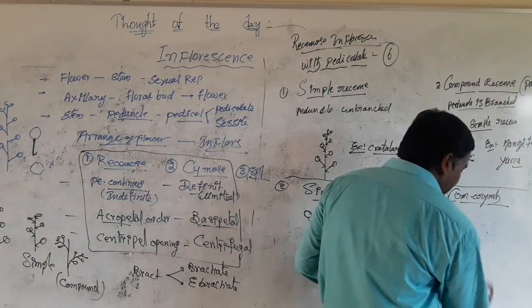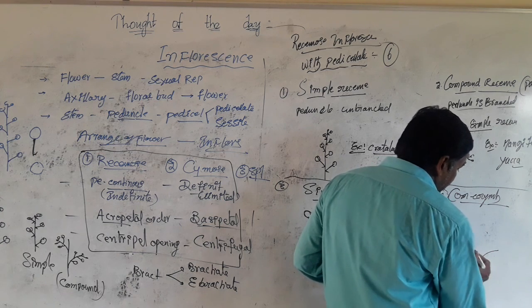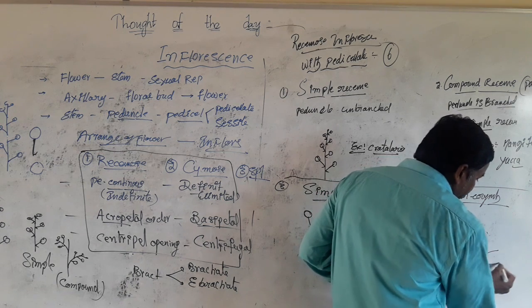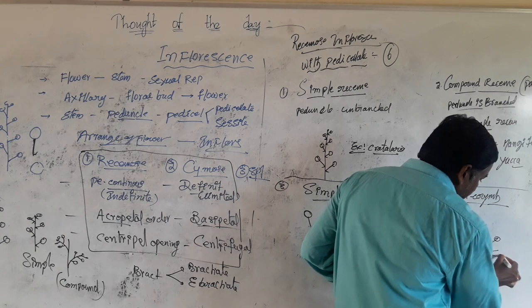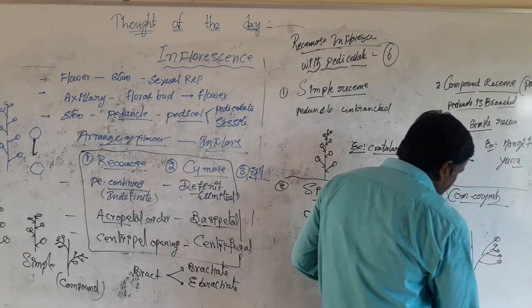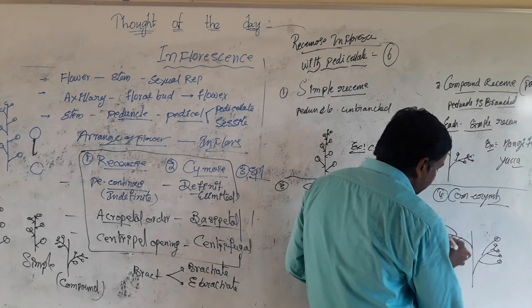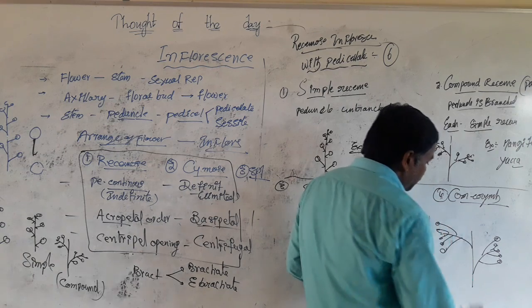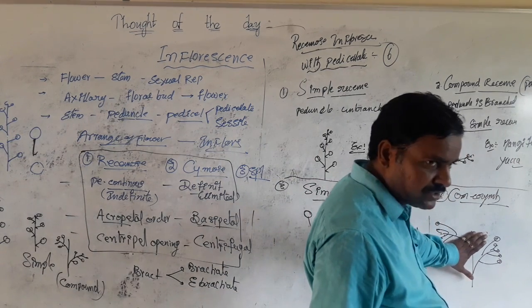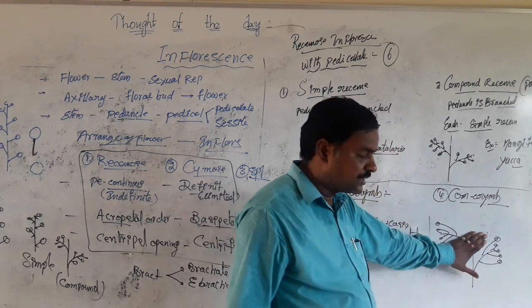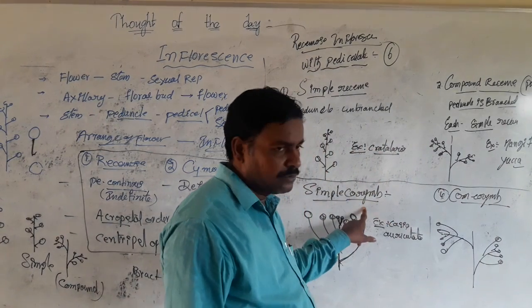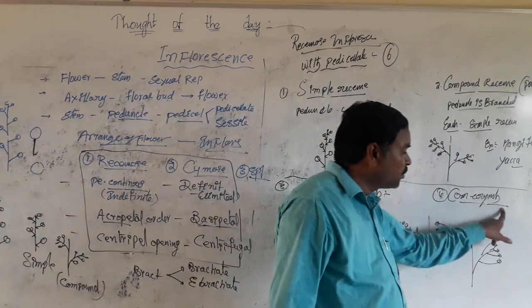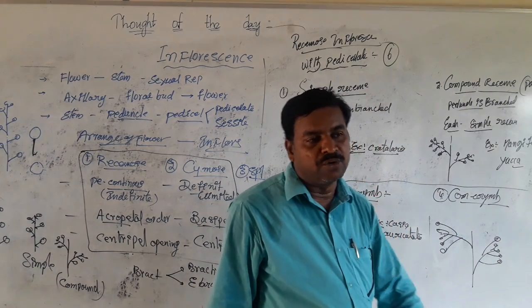For example, this is the peduncle, this is one branch, this is another branch. This branch resembles a simple corymb, and this branch also resembles another corymb. A group of simple corymbs is considered a compound corymb.